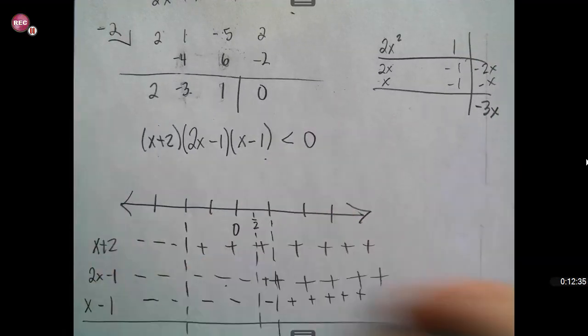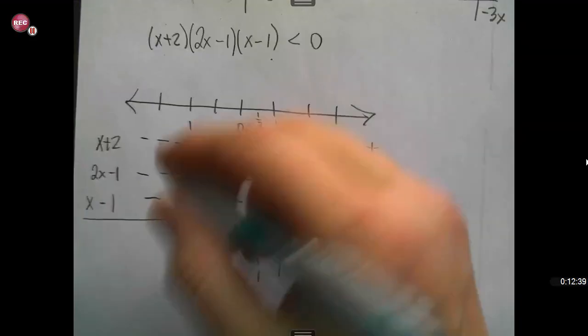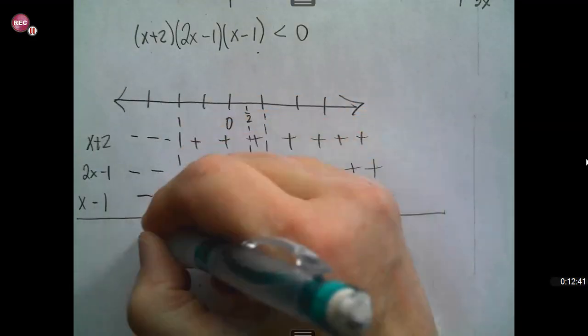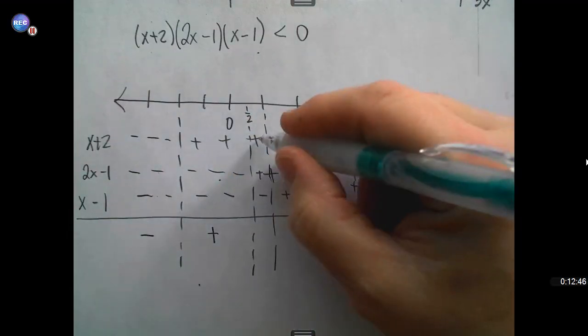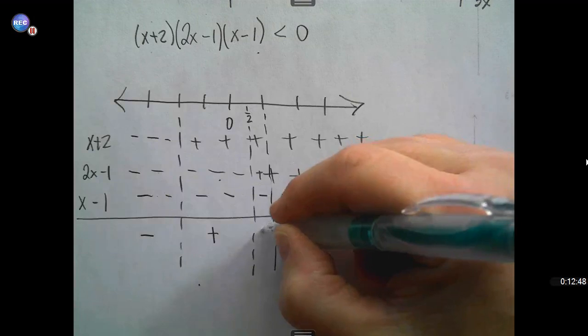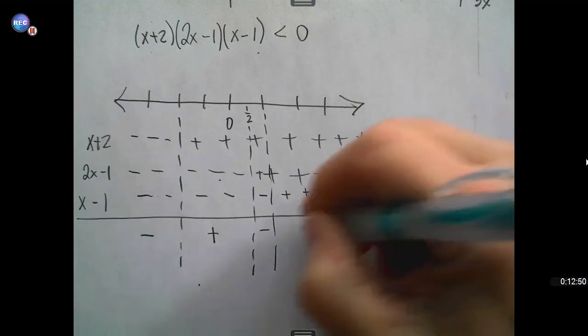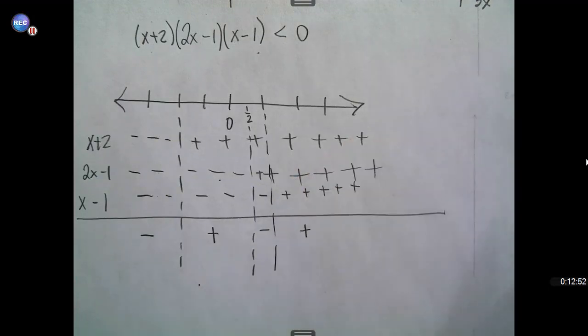So overall, what I have, negative times a negative times a negative will be negative. This will be positive. Looks like between 1/2 and 1 is going to be negative, and then to the right of that's going to be positive.